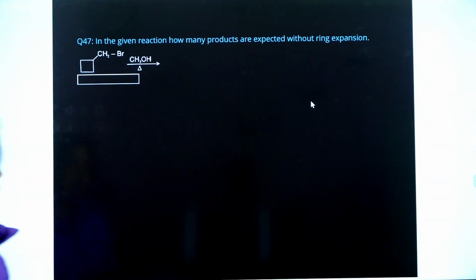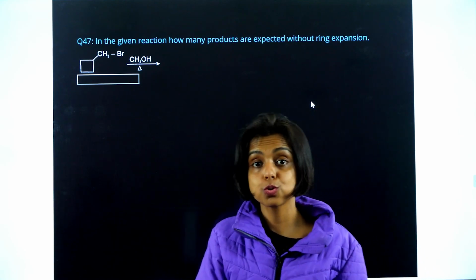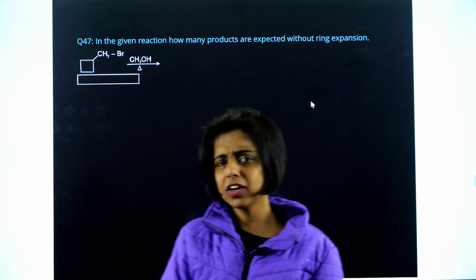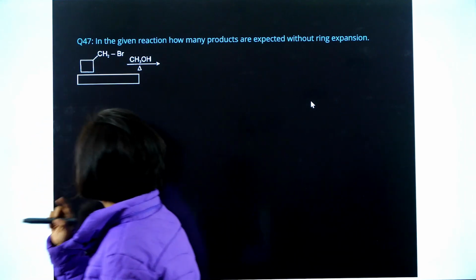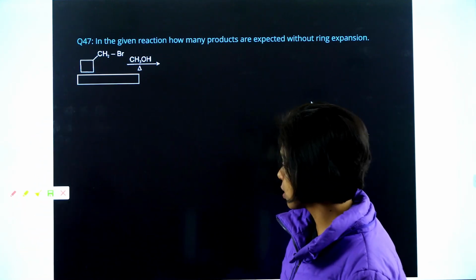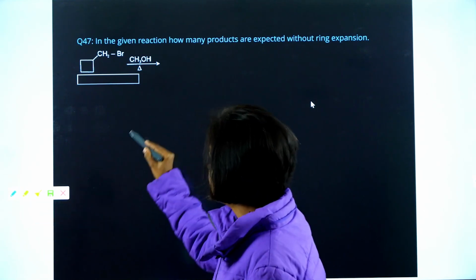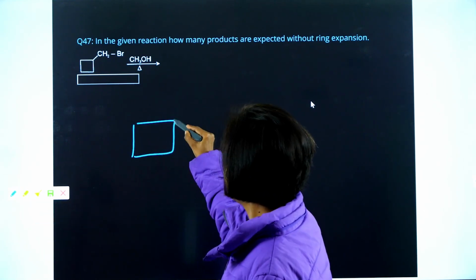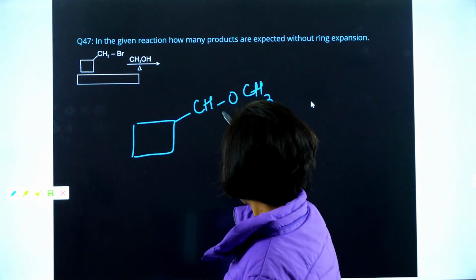Okay, in the given reaction, how many products are expected without ring expansion? You are not supposed to consider ring expansion, but definitely you can expect the shift, right? Let's have a look, guys. So we have CH3OH, so let's form the product, and there is, of course, heating. So one product I will get, Br will be replaced by ether formation, right?